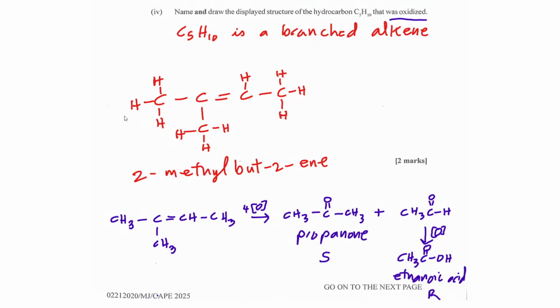So based on what I showed you earlier, it had to be a branched alkene and not a straight chain alkene. So our alkene that was oxidized was 2-methylbut-2-ene. So you form your ketone and your aldehyde, which is further oxidized to your carboxylic acid.